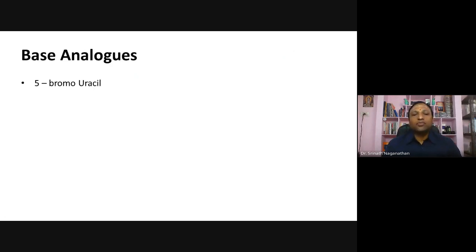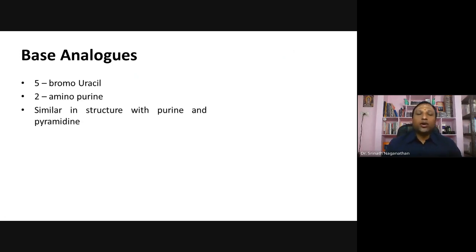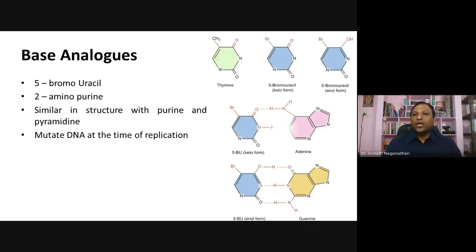Base analogs include 5-bromouracil, 2-aminopurine, and 5-iodouracil, which are similar in structure to purines and pyrimidines, and they mutate the DNA at the time of replication. So if thymine gets mutated, it becomes 5-bromouracil, which has a keto form and an enol form.